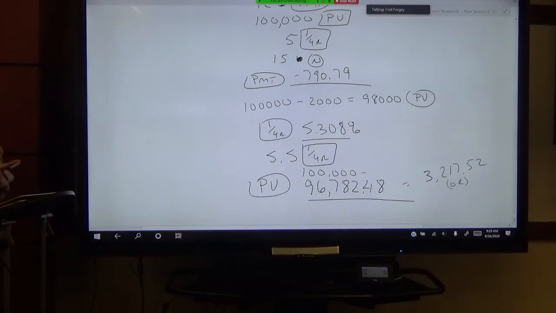Or another way to look at it, divided by 100,000 as a whole, be 3.217 points. How did you find that? Yeah, what's the calculation? Divided by 100. Right? Yeah, divided by the loan amount. This is a percentage of the loan amount.